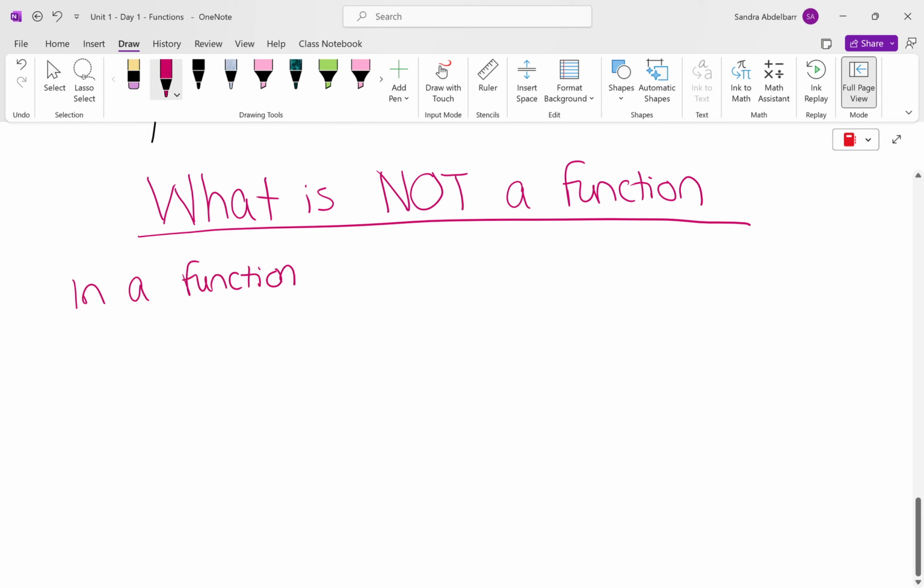In a function, an input has exactly one output.